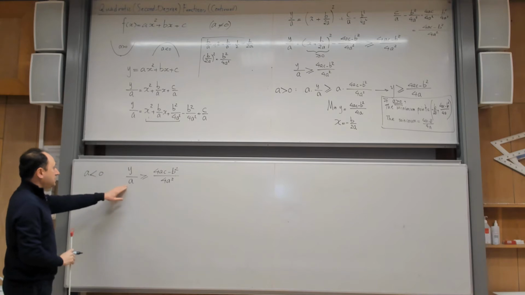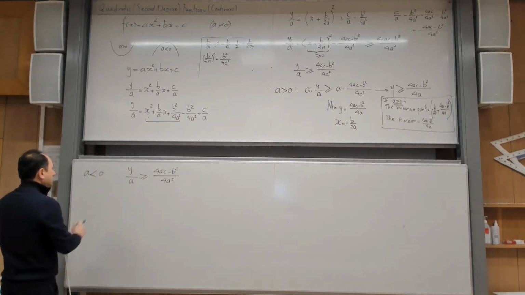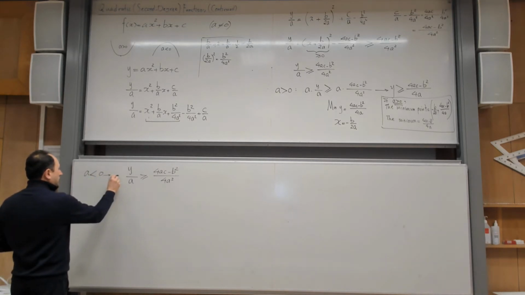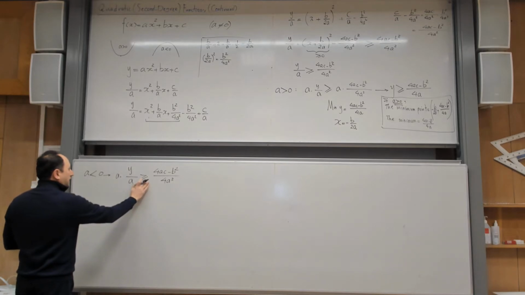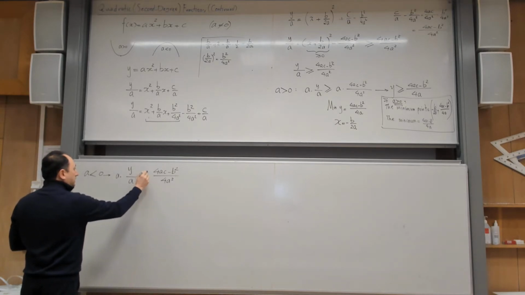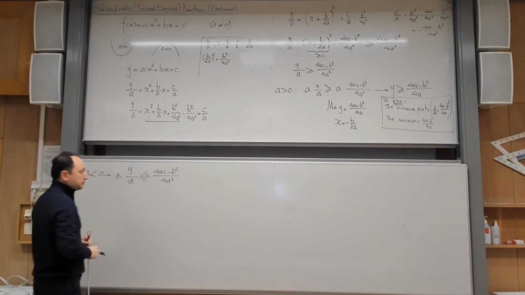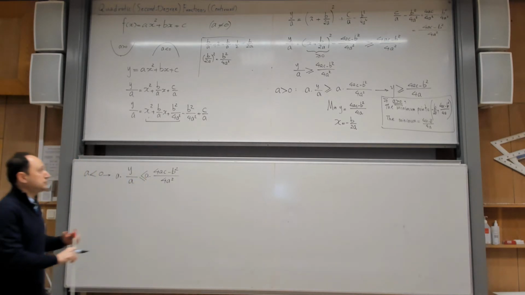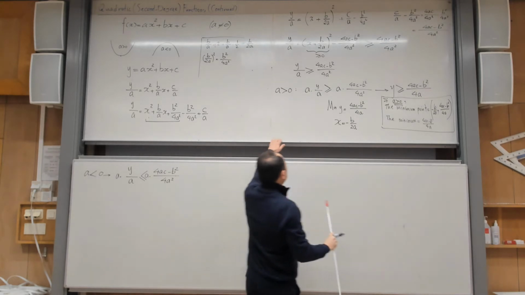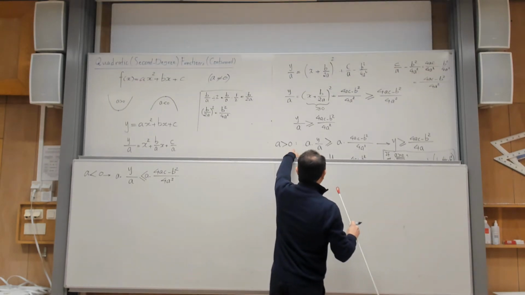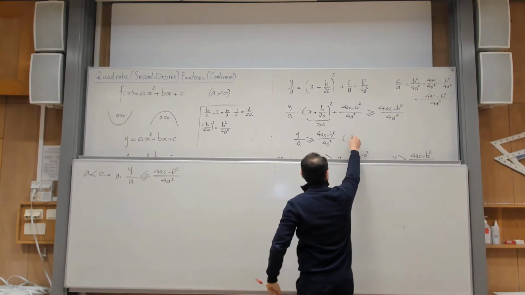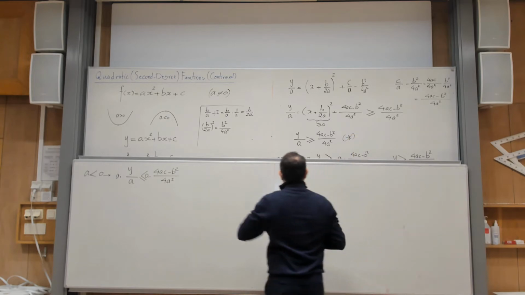But because a is negative, when I multiply everything by a, I have to flip the sign, because a is assumed to be negative this time. Yes? If you don't mind, let me give this a name: star.